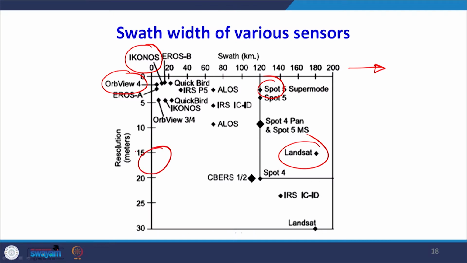So, this diagram shows that as the swath width increases, the resolution becomes poorer and poorer. If we want high resolution data, the area covered in one scene will be very small, and then we probably need a very large number of scenes to compile the mosaic of the whole area and to carry out planning for the entire region.